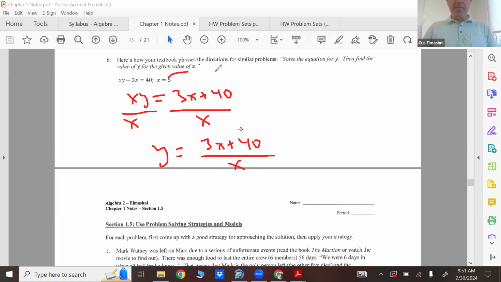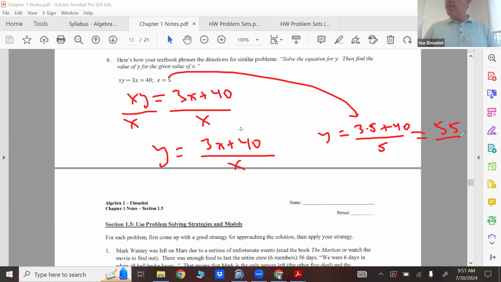And then plug in 5. Which should be 55 over 5 or 11. I think that makes sense, right? Yep. Okay.